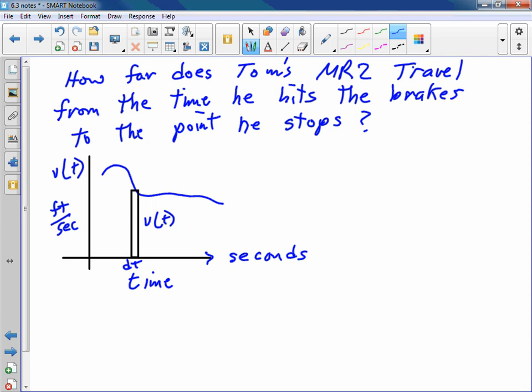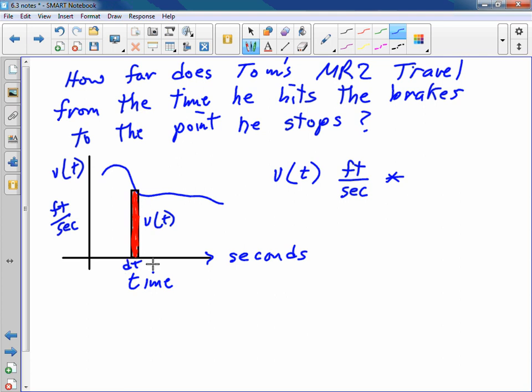And let's think about units. V of t is in feet per second, and then we multiply to find the area. Let's call it this red area here. We multiply to find this red area. The height is in feet per second.